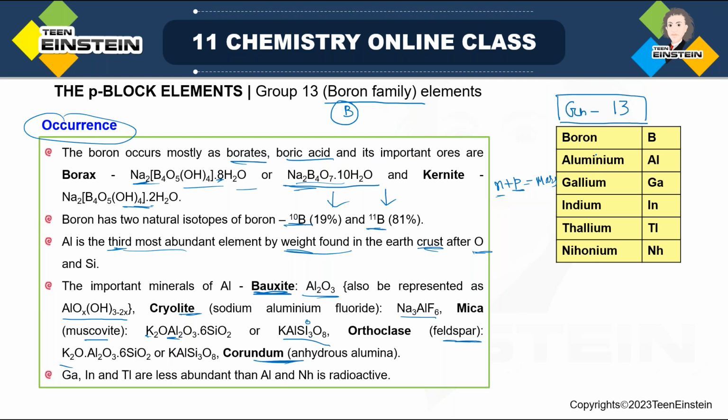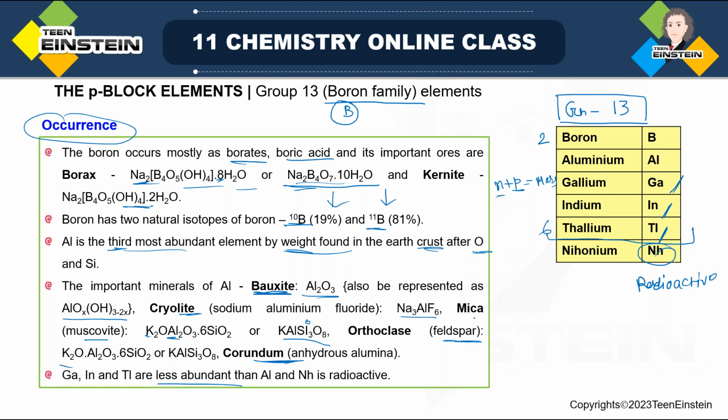The next three elements, that is gallium, indium, thallium, these three are less abundant compared to aluminium, and this one is radioactive. So mostly the discussion is up to this position, that is up to 6 periods, starting from second period 2, 3, 4, 5, 6 up to this position.